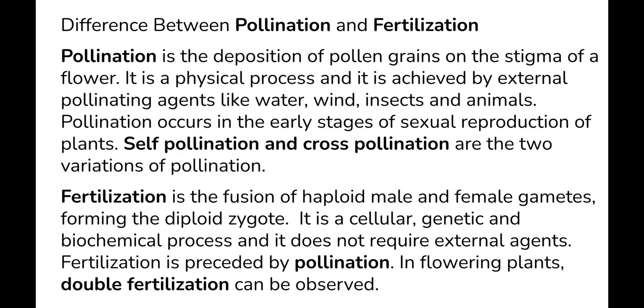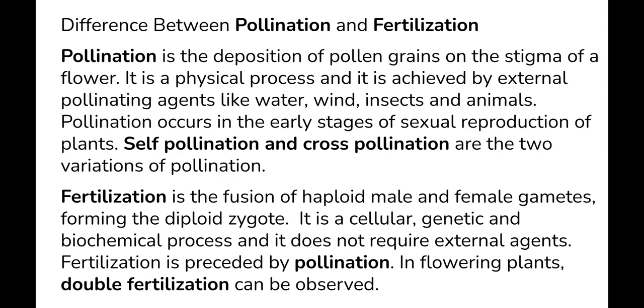So what we have to remember is that pollination and fertilization are separate processes. Pollination is deposition of pollen grains on the stigma of the flower. It is a physical process. It is achieved by external pollinating agents like water, wind, insects, and animals.